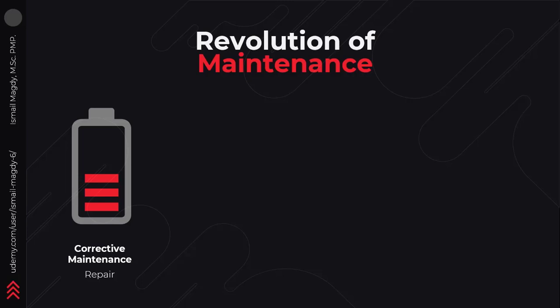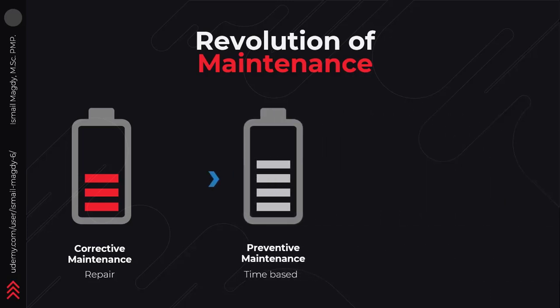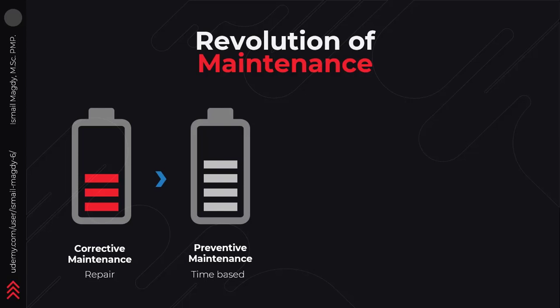Due to all of the previous negatives of corrective maintenance, a revolution in the maintenance world had to happen to come up with more effective methods to maintain the equipment. The next level of maintenance was preventive maintenance, which is a time-based maintenance, which means we started to carry out maintenance tasks on fixed time intervals, regardless of the condition of the equipment, and this is to decrease the risk of sudden failures.